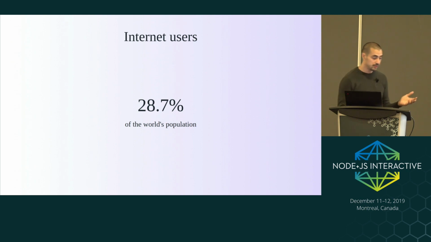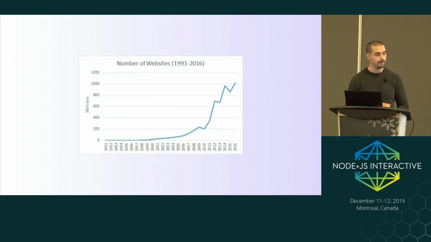Actually, in 10 years, it grew from 5% to 28%, outgrowing, I believe, every projection that people had around that time. The number of websites also grew from less than 200 million to almost 800 million or more in the year 2014 or 2015.